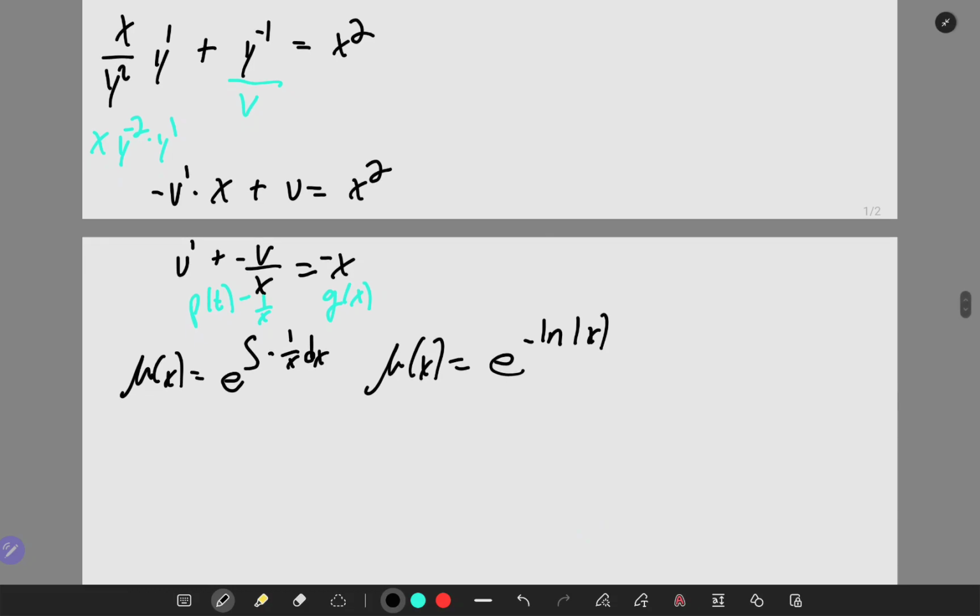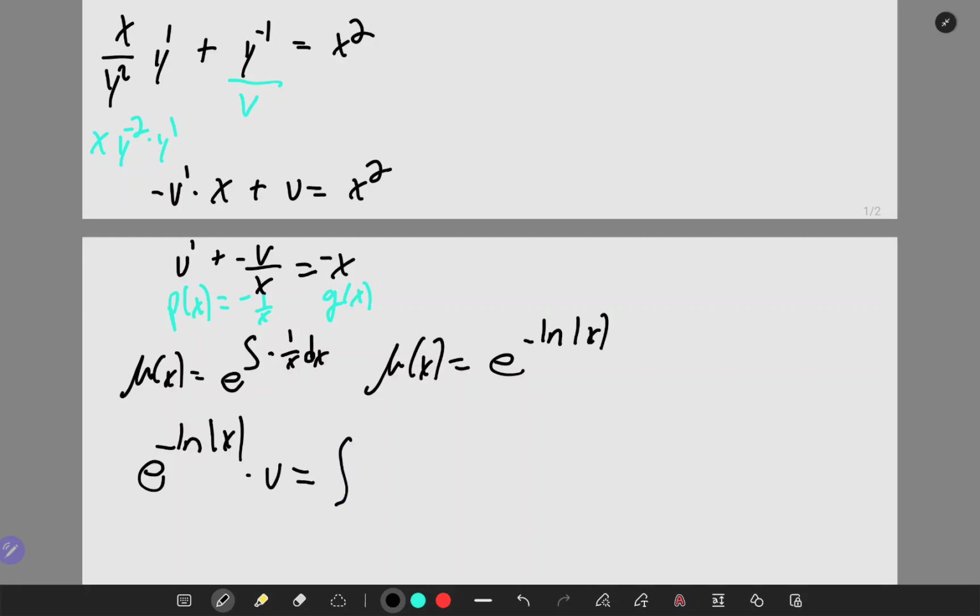Okay, so now we have our mu. Remember, we solve it by mu times v, right? Because this is in terms of v. So mu, which is e to the negative natural log of x, times v is equal to, remember, it's the integral of mu times g of x.